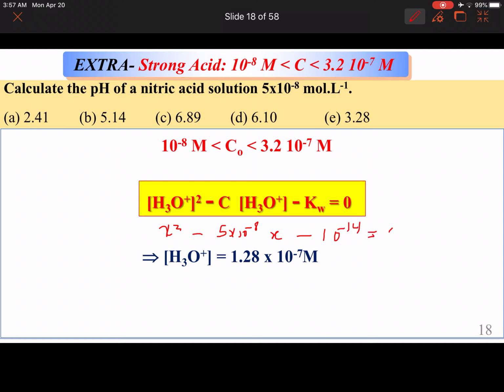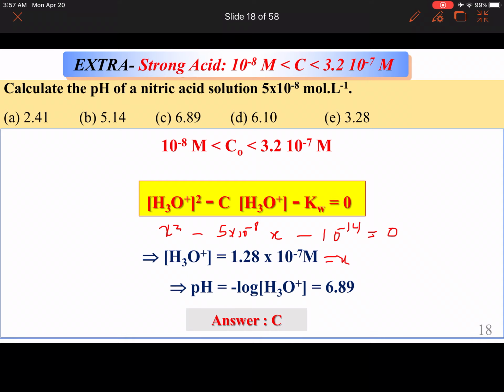Actually, very simple. Of course, very simple because we can use our calculators, and you have become experts at that, haven't you? Solve for x, and my x is simply H3O plus, at which point you would say minus log of this H3O plus, which is going to be 6.89, and so your answer is C in this case.